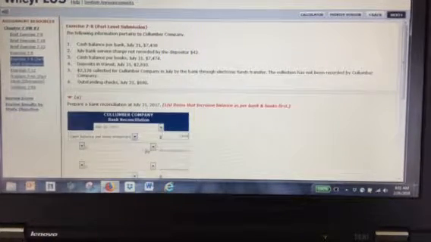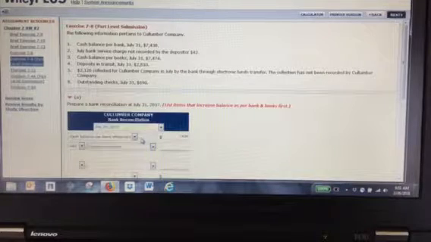Secondly, we want to add any deposits that are in transit, and we see on line number 4 here the deposits in transit are $7,474. So we need to add those to our cash balance per bank statement, and those are our deposits in transit.